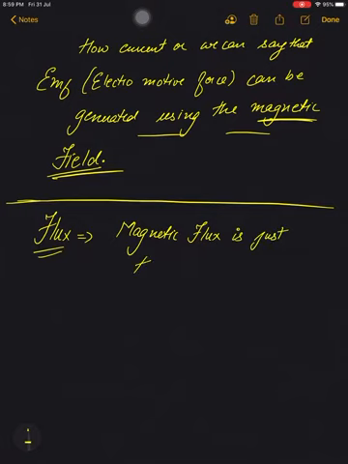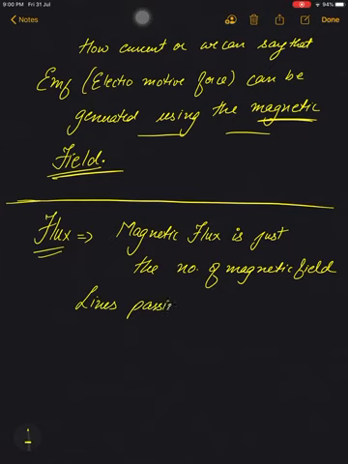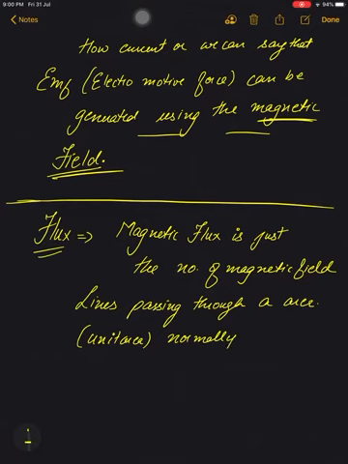So magnetic flux is just the number of magnetic field lines passing through an area, which must be a unit area, normally, meaning at 90 degrees.